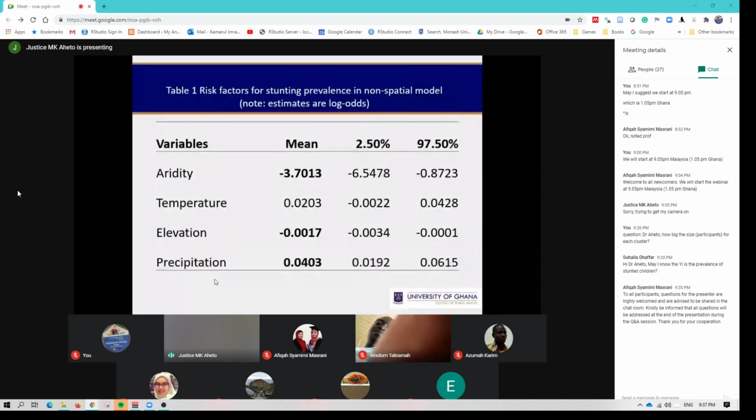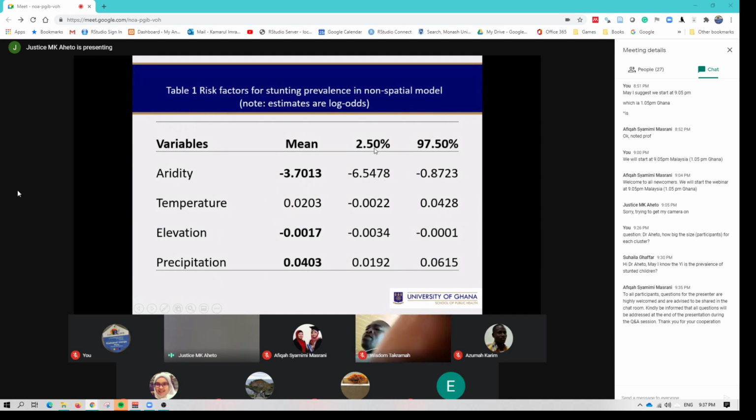So that is presented in Table 1. So under the mean, what you're seeing here, these are the log of the odds. Maybe if you're interested in the odds ratio, you can just exponentiate these ones and you get the odds ratio. Then we have the log of the odds with the associated 95% Bayesian credible interval.